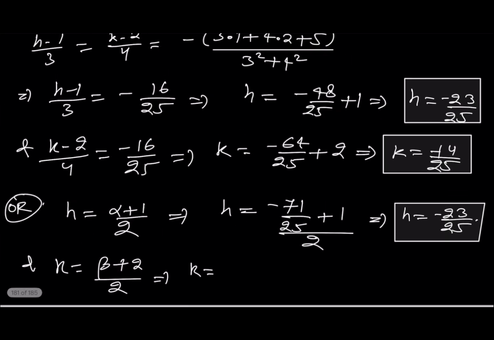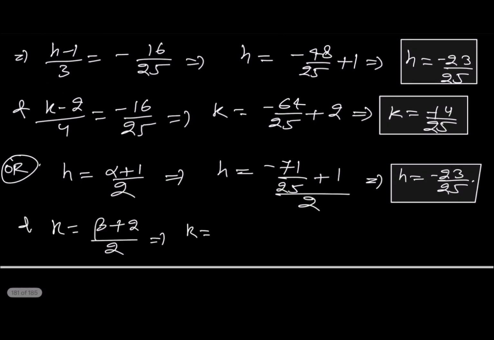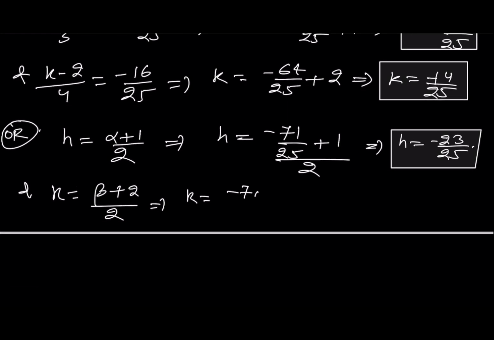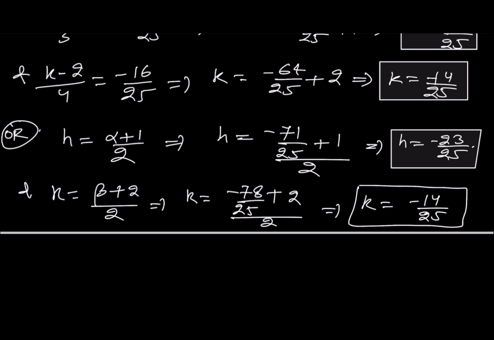Beta is minus 78 by 25 plus 2, by 2, which is k is minus 14 by 25. Okay, so this was the image and foot of perpendicular.